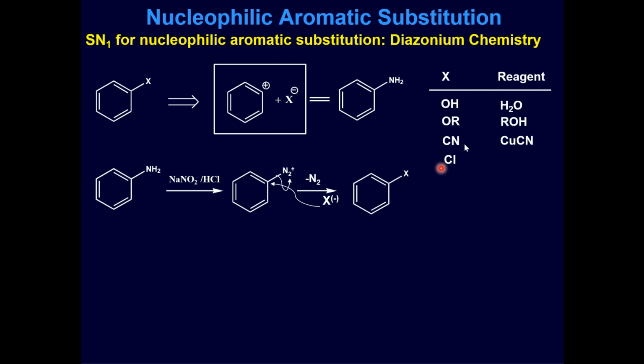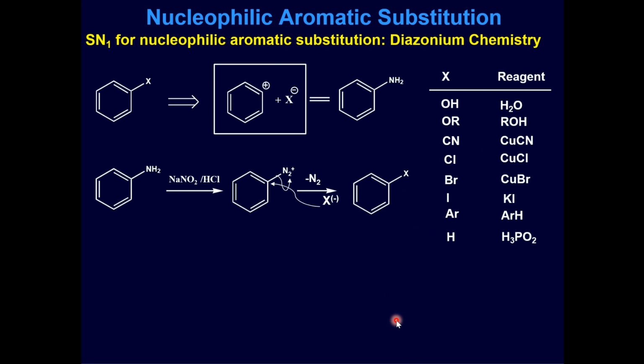If I want chlorine to be attached, I use CuCl, cuprous chloride. If I want bromide to be attached, I'll use cuprous bromide. If I want iodide, I'll use potassium iodide. If I want an aryl group to be attached, I'll use another aryl group, and I can prepare biphenyls. If I want H, I'll use hypophosphorous acid.